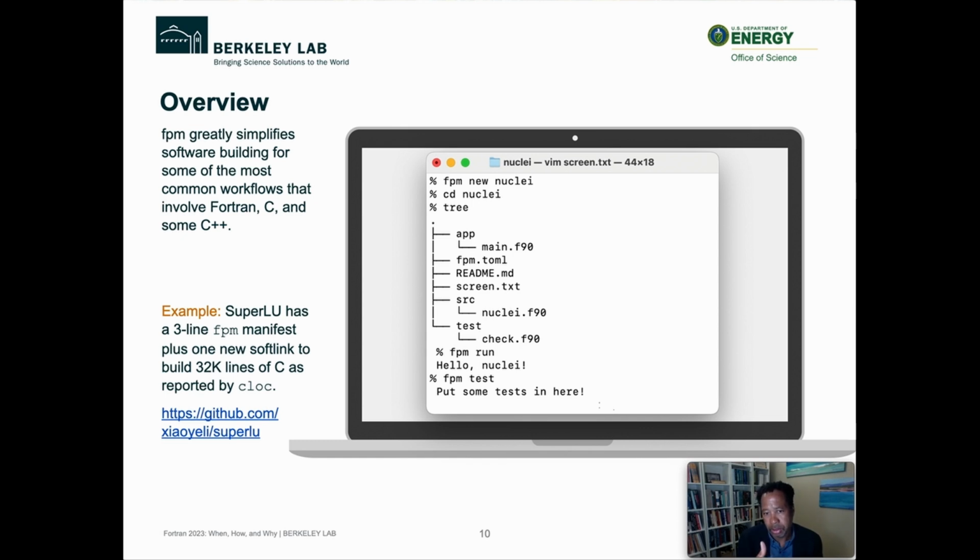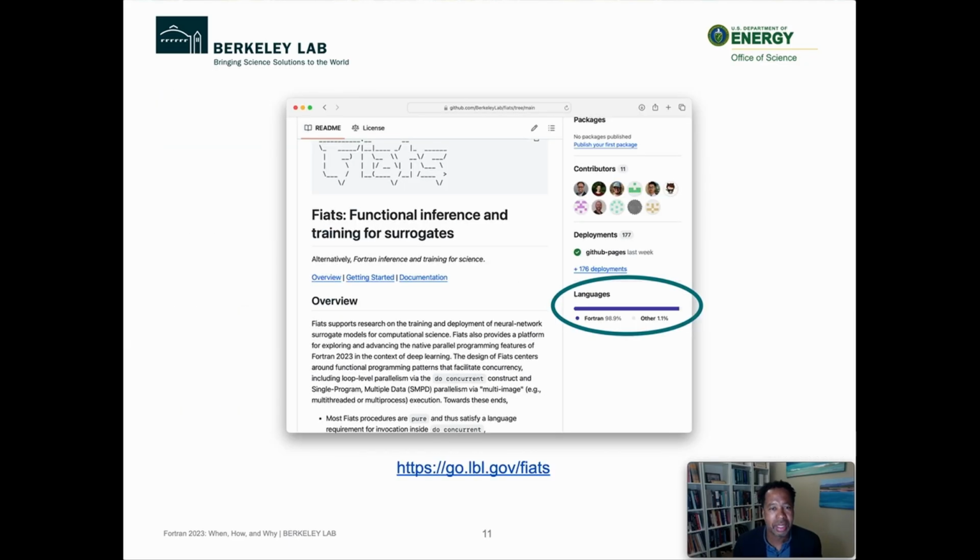This is showing you the directory structure that gets created with the app directory containing your main program, the source directory containing a file that gets built into a library. And you can use the fpm run command, for example, to run your program, and fpm test to run your tests. It's that simple. This is the Fiats repository, where you can see that Fiats is 99% Fortran.